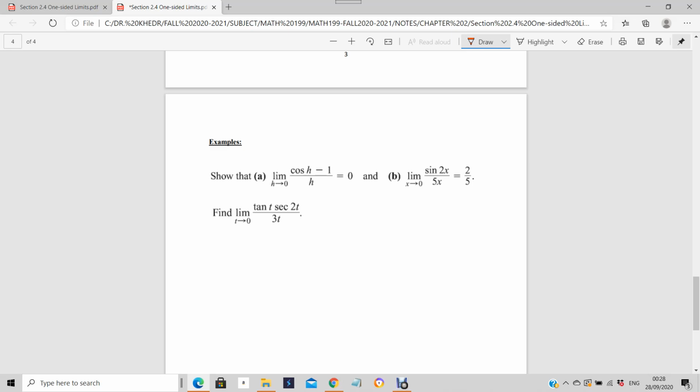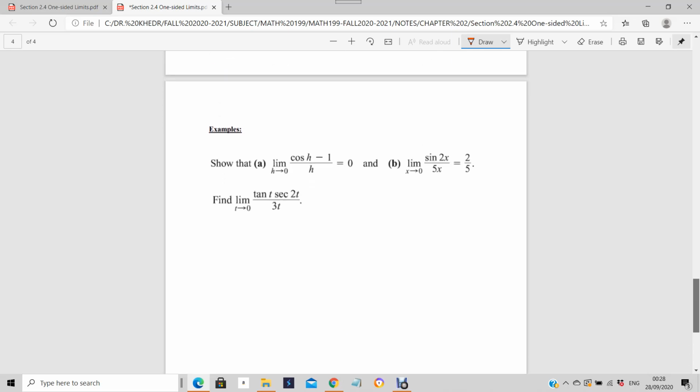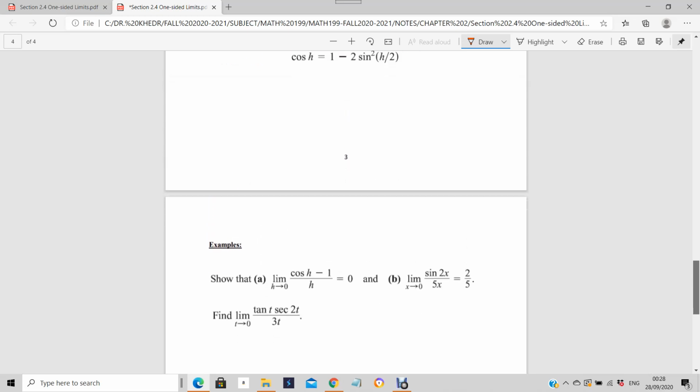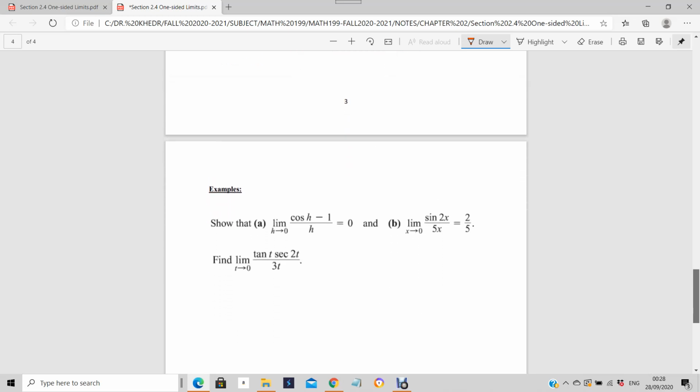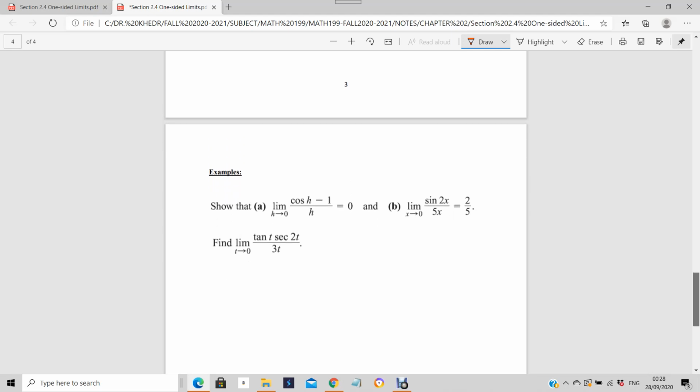And also the limit of tan t secant 2t over 3t as t goes to 0. You have to find that limit, okay? Well, I will solve the first one for you, maybe the second one also, and then I will leave the third one for you. Okay, so let's solve the first one.